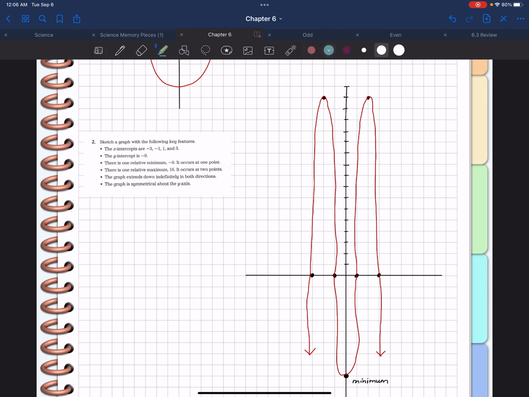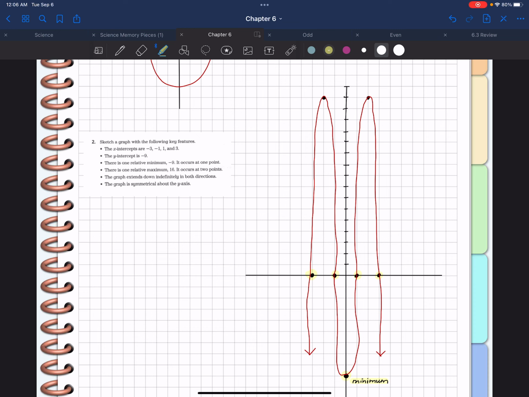So let's check the conditions. The x-intercepts are -3, -1, 1, and 3. The y-intercept is -9. There is one relative minimum, -9, that occurs only at one point. So there's one valley.